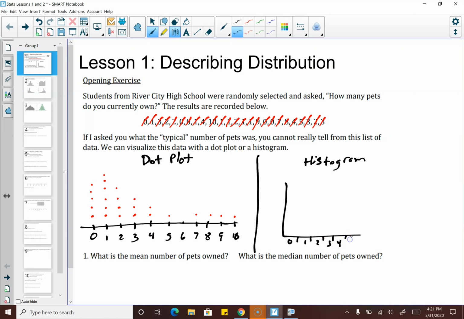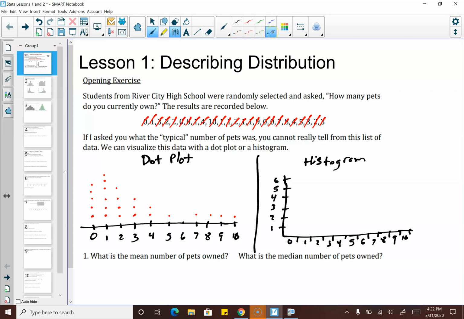All right, and what we do essentially is we make little bars that are all connected for every one of our number slots. All right, so now what's the most amount of dots we had was here at 1, 6. So we need to go 1, 2, 3, 4, 5, and 6.